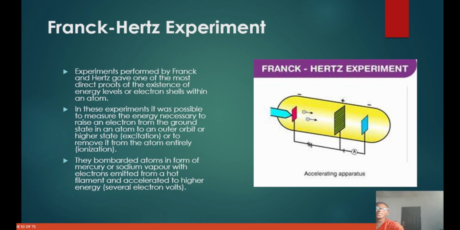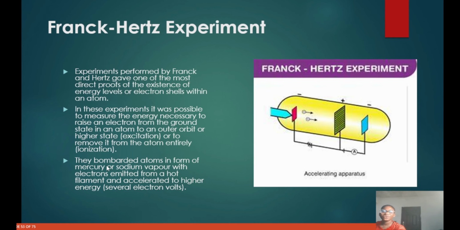Through this experiment, we were able to measure the amount of energy that we can put on an electron to take it from its ground state to another energy level, or even remove it totally from the atom. They bombarded atoms in the form of mercury or sodium vapor with electrons emitted from a hot filament and accelerated to a higher energy, several electron volts.